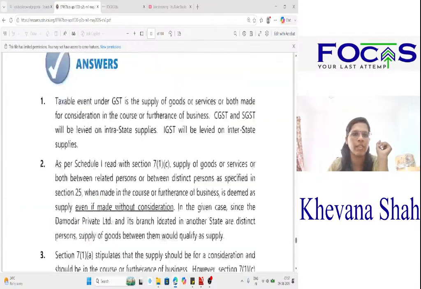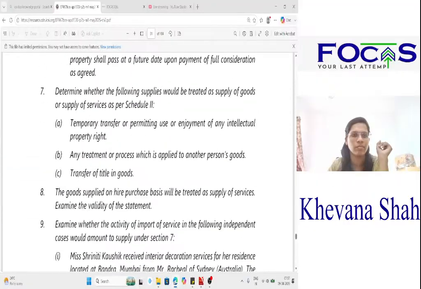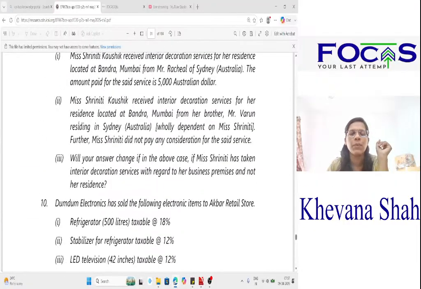Now, second one. Ms. Srinidhi Kaushik received interior decoration services for her residence located at Bandra, Mumbai from her brother, Mr. Varun, residing in Sydney. Again, this is a case of importation of services. Now, please mark this.